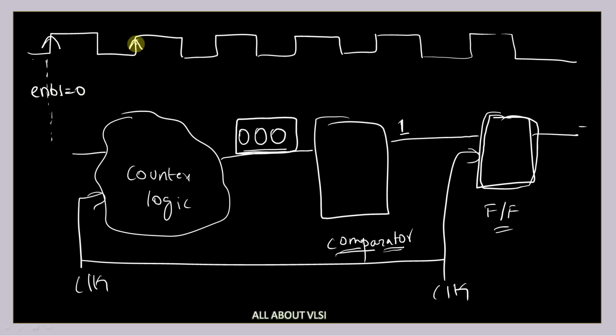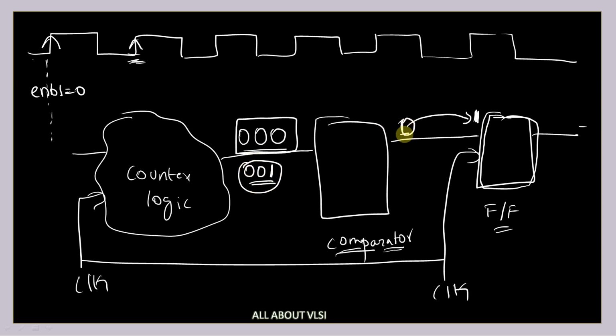Now at the second positive edge of the clock, what is going to happen? Your counter is going to count 0 0 1. So this 1 will be propagated over here. The previous value of 1 will be present before this edge arrives. And this value will be 0 at the second positive edge of the clock because your counter is equal to 0 0 1.